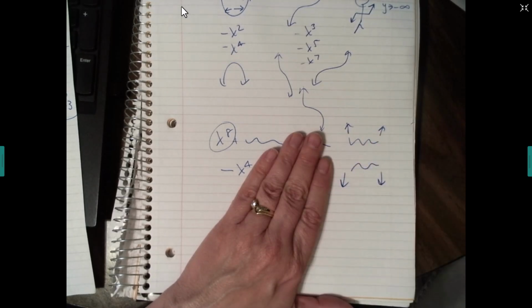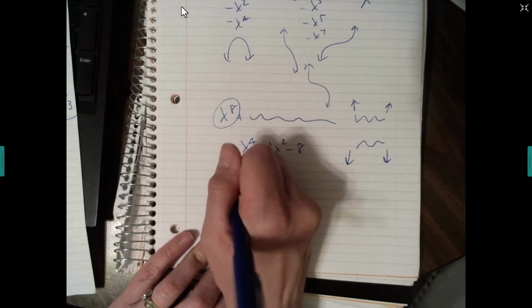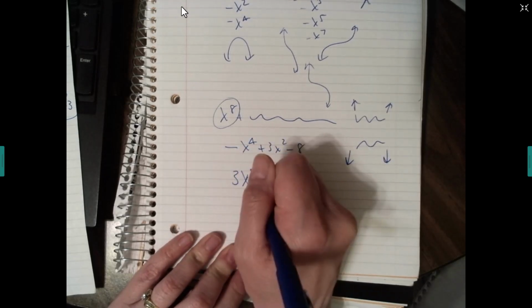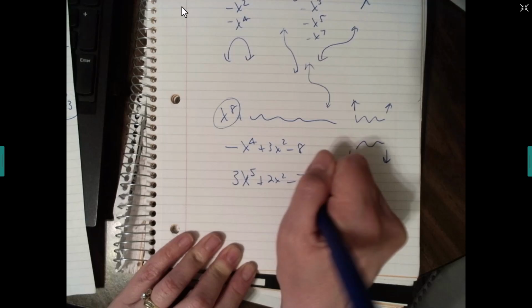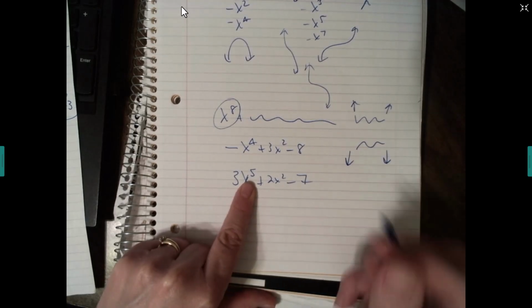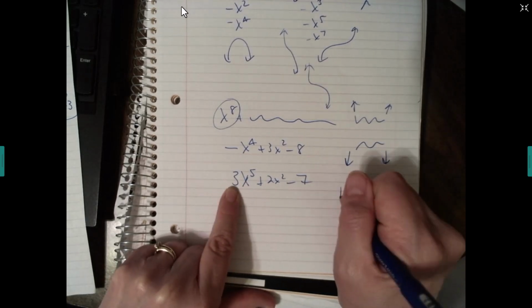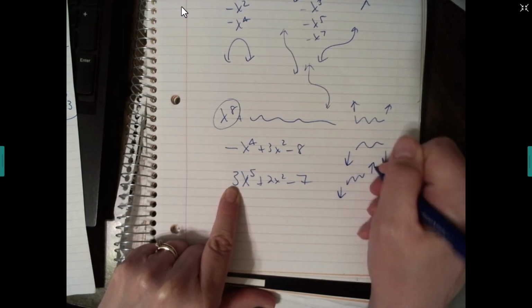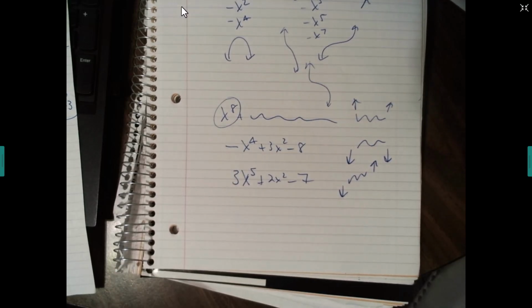It might have some stuff in the middle. If I have 3x to the fifth plus 2x squared minus 7, the overall behavior is odd and positive, so that's disco. That's my end behavior, so I can tell that.